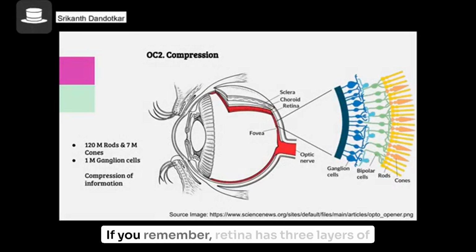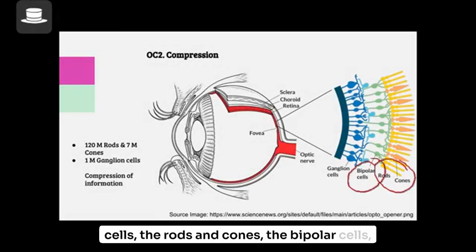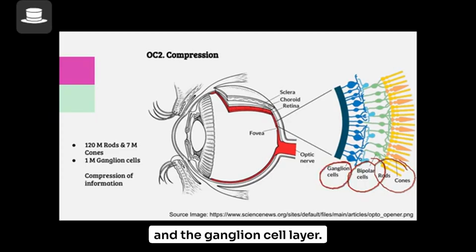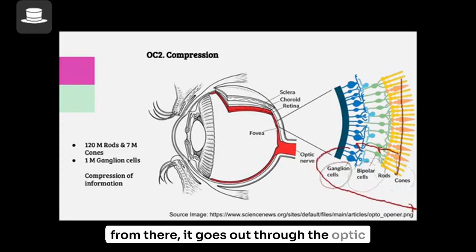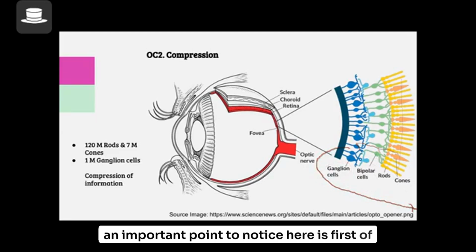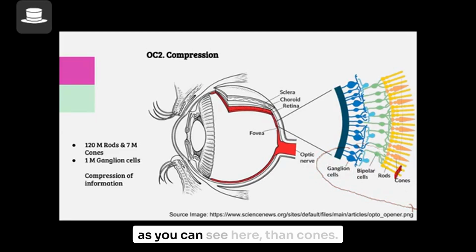If you remember, retina has three layers of cells: the rods and cones, the bipolar cells, and the ganglion cell layer. The information captured by rods and cones here is transferred to bipolar cells and then to ganglionic cells. From there, it goes out through the optic nerve fibers. An important point to notice here is, first of all, there are more rods, as you can see here, than cones.